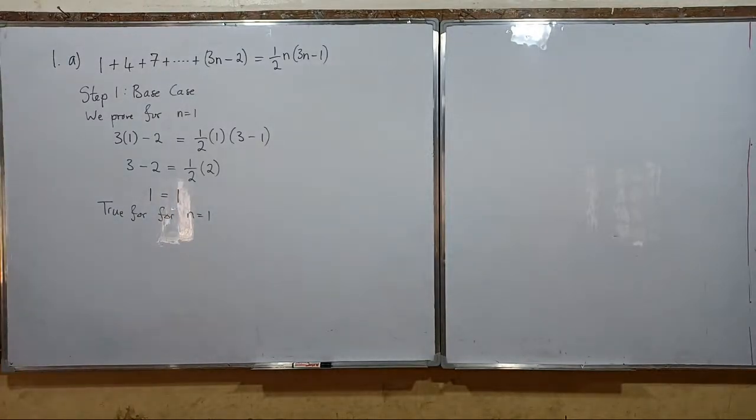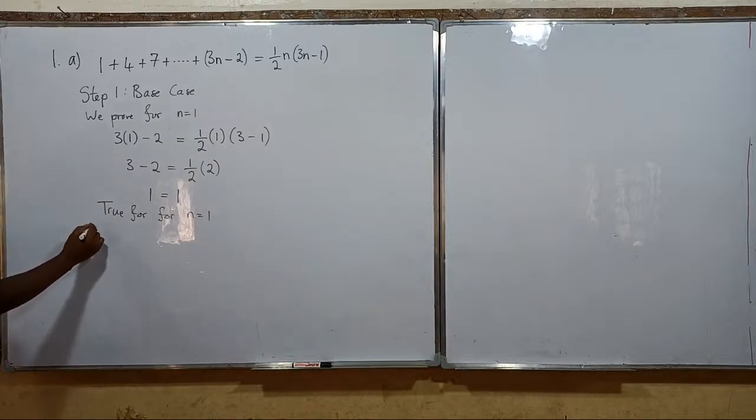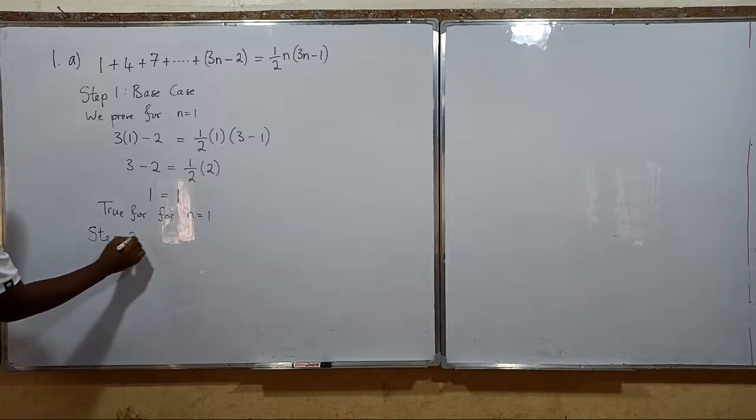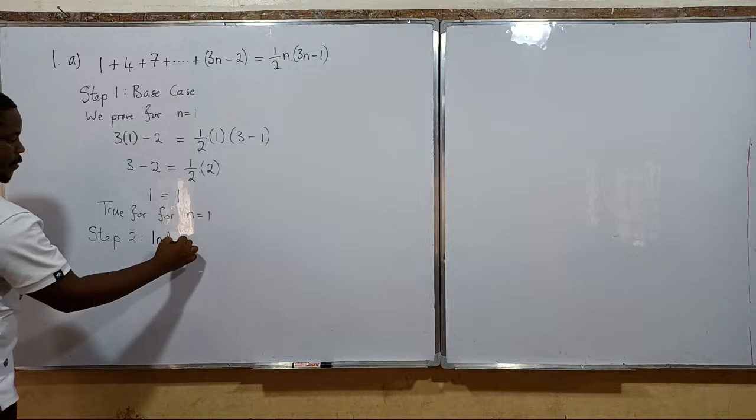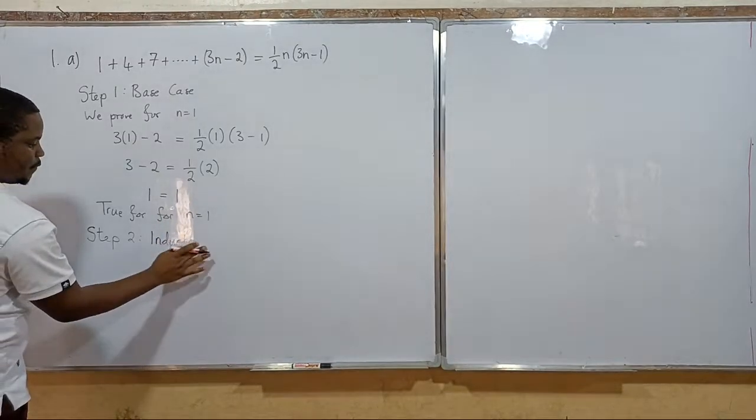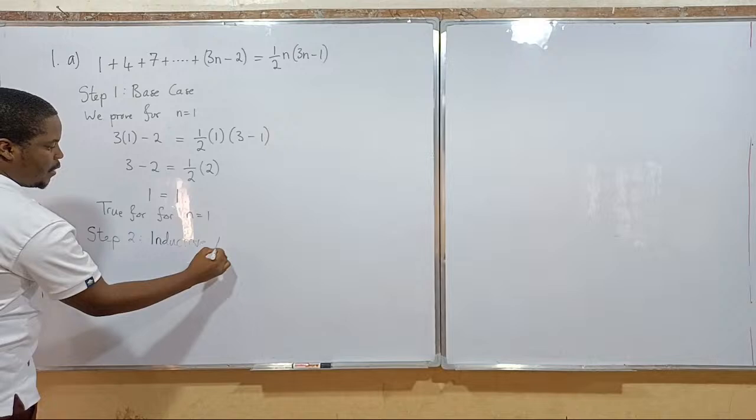So, since it's true for n equals 1, we move on to the next one, which is the assumption, step 2. Step 2 is known as the inductive assumption.